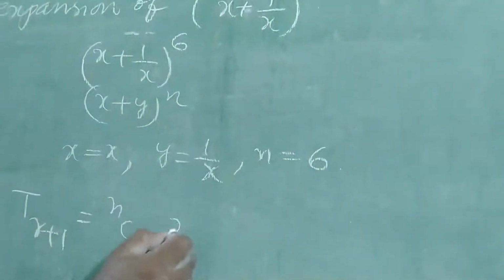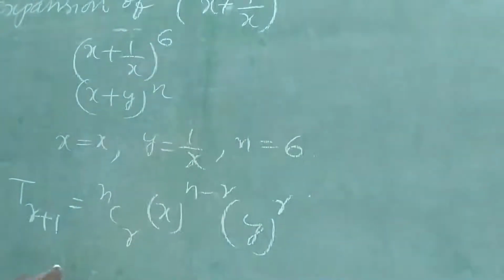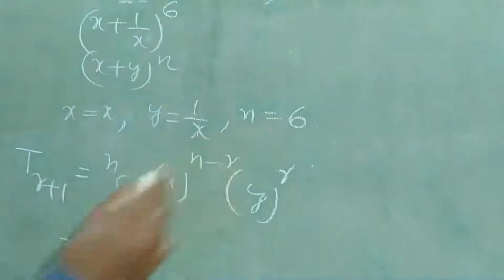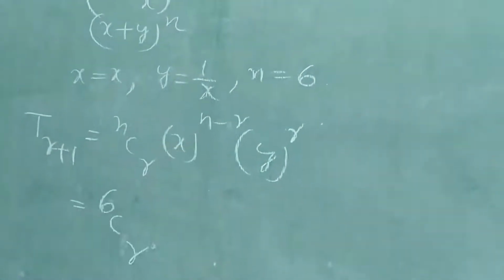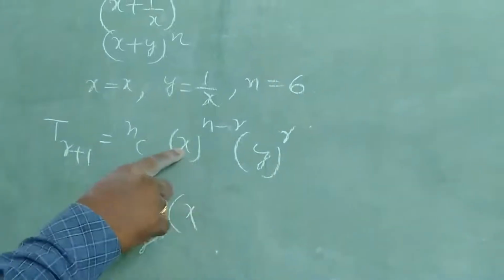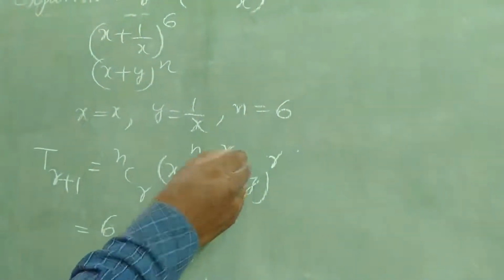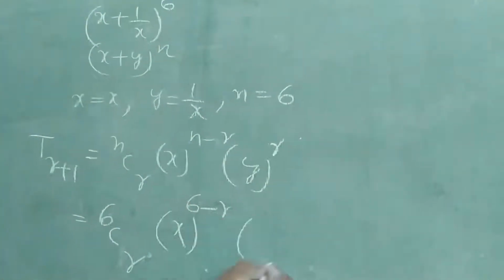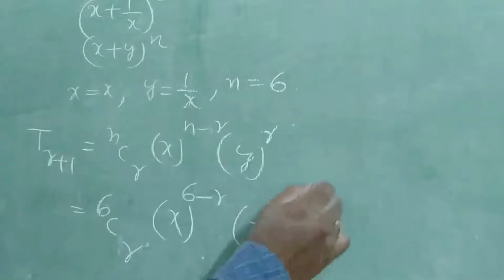It is nCr, x to the power of n minus r, y to the power of r. Here the n value is 6. Do you know the r value? We don't know the r value, so leave it, write as it is. Into, so what is x? x is equal to x to the power of n minus r, 6 minus r, into what is y? y is equal to 1 by x whole to the power of r.